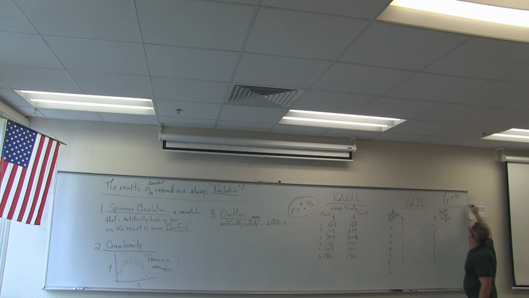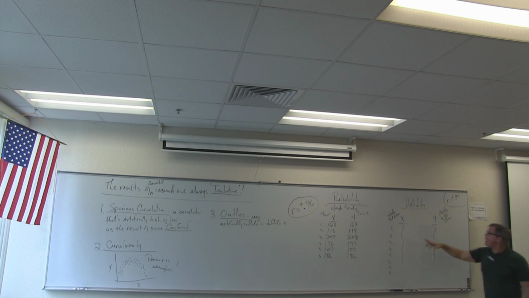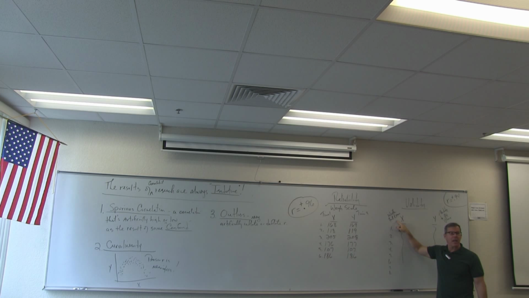Well, that's a pretty doggone high positive correlation. People can look at this number and say this is pretty highly predictive of the ability to fly the plane with really low prediction error. This exam has extremely high predictive validity.